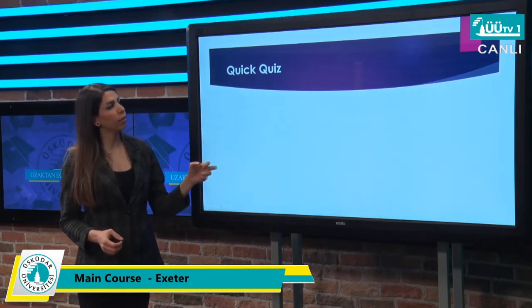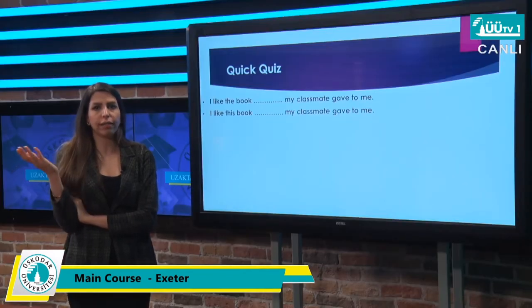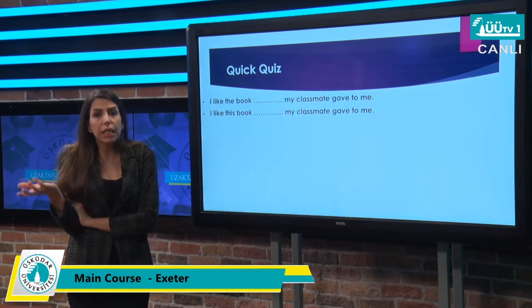2 more sentences. Look at these 2. I like the book my classmate gave to me. I like this book my classmate gave to me. What do you think here? I like the book. Is it meaningful by itself? No, it is not meaningful. When you say I like the book, which book are you talking about? I like the book by itself is not meaningful.